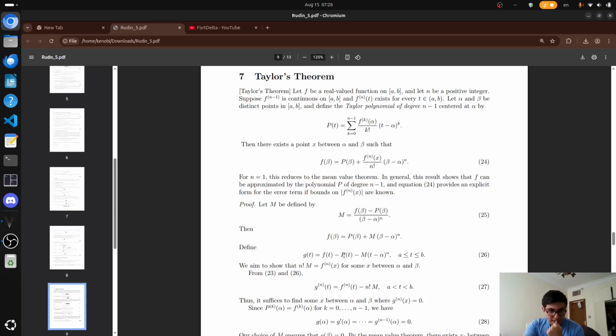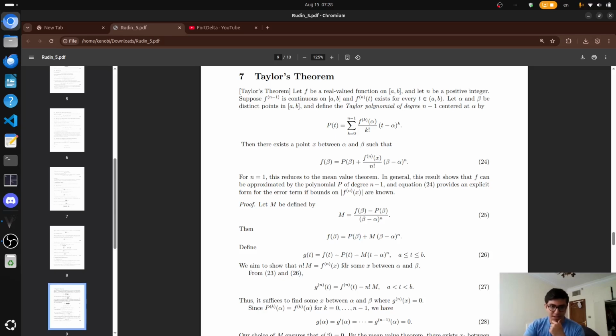You're going to get that this is equal to, because p of t over here only goes up to the n minus 1 power.